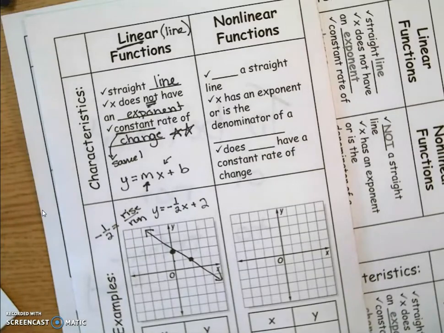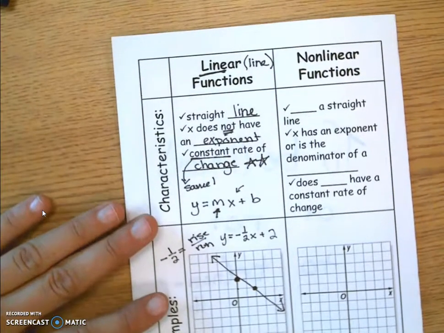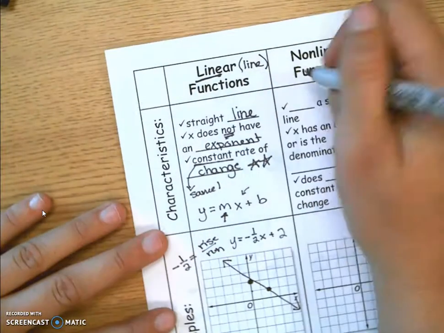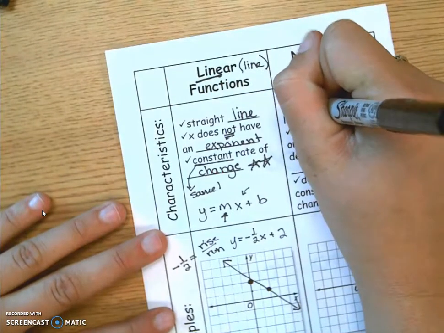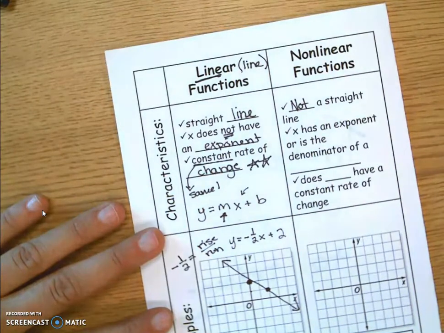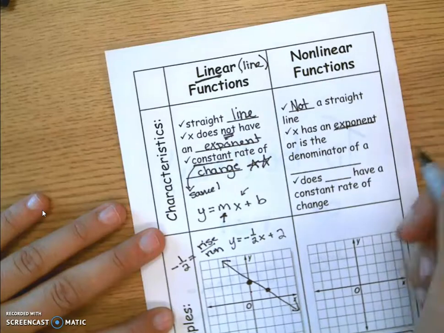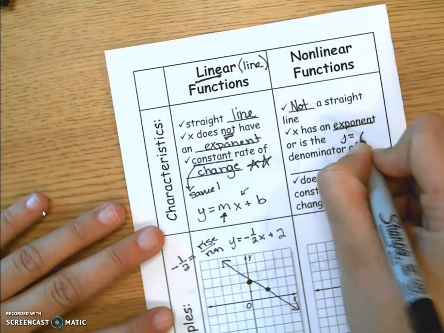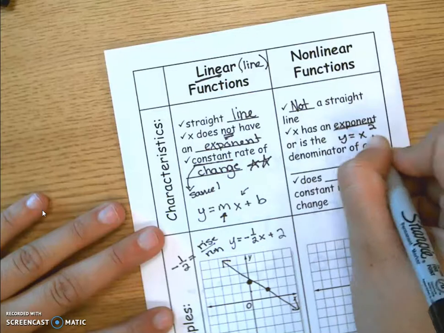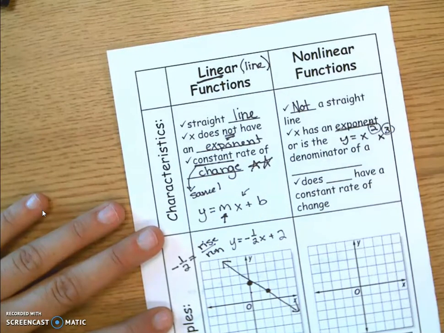So now let's look at nonlinear, the opposite end of the spectrum. So nonlinear functions are not a straight line. The x could have an exponent next to it. Could be y equals x squared or x to the third. They have these exponents. That's also nonlinear.